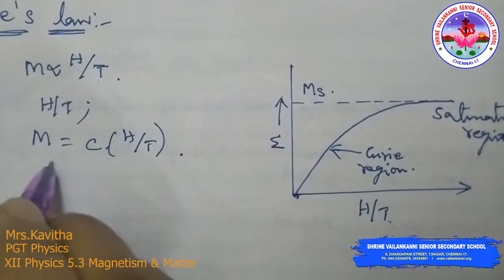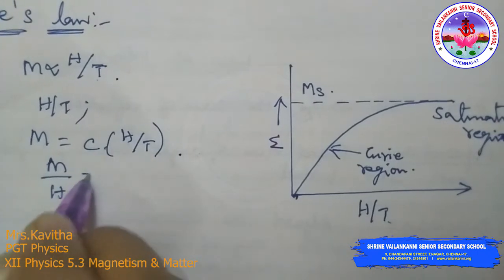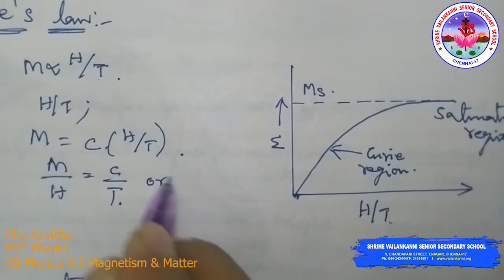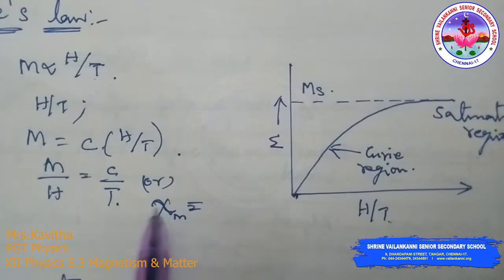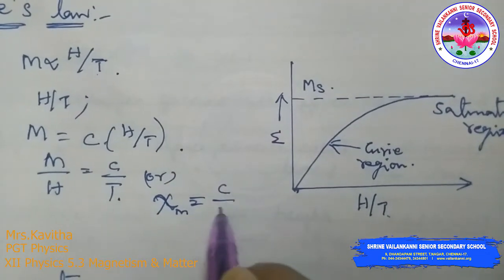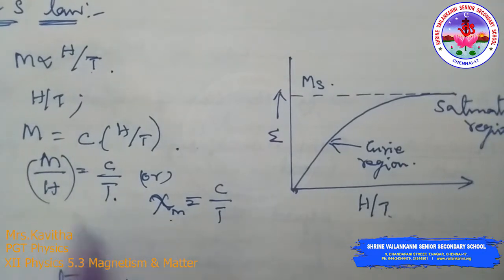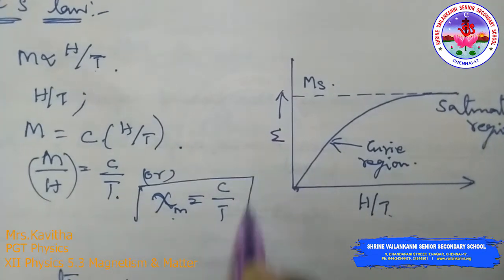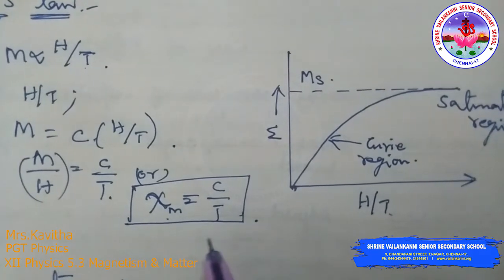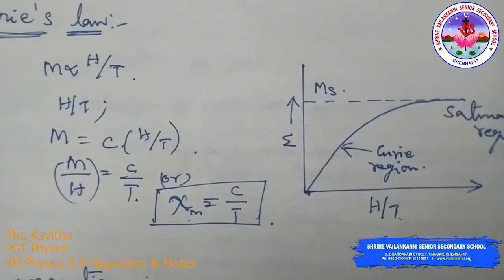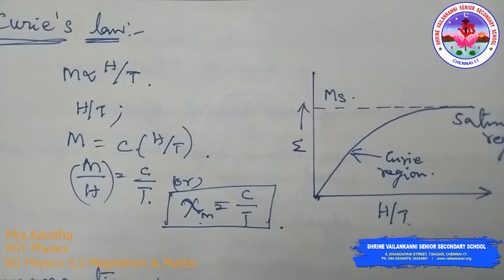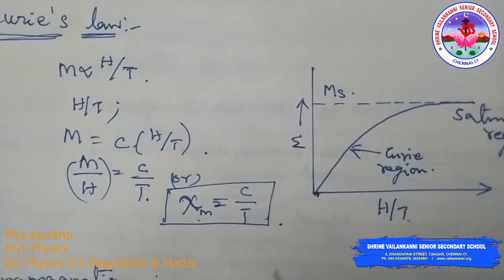So M by H is equal to C by T, that is, chi m equals C by T. This relation shows Curie's law: far away from saturation, the susceptibility of a paramagnetic material is inversely proportional to the absolute temperature.